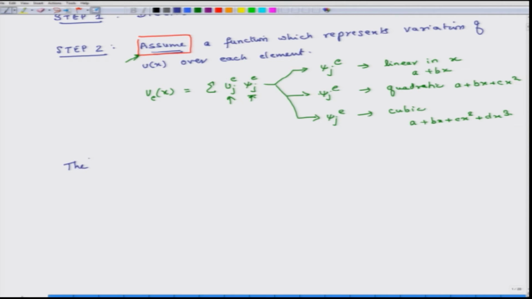So, this is the first type of error which gets introduced into the solution.